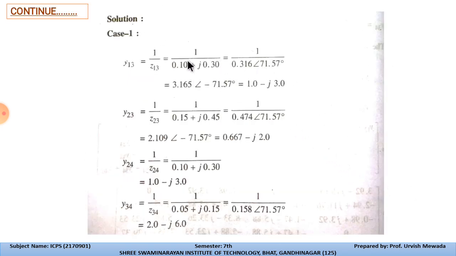When you convert this a plus jb form into R angle theta form, your answer will be Y13 equal to 1.0 minus j3.0. Then Y23 is 1 upon Z23.